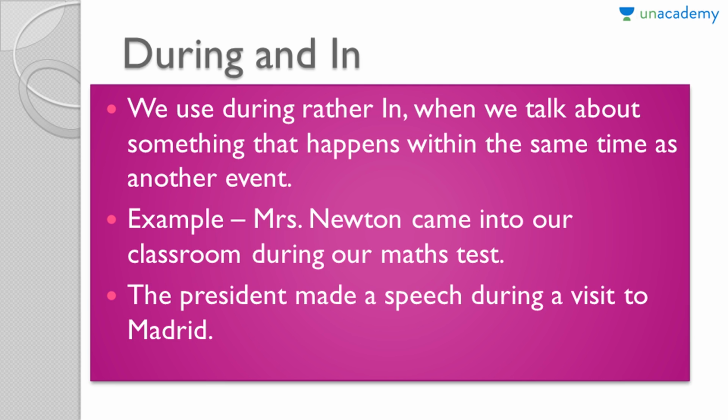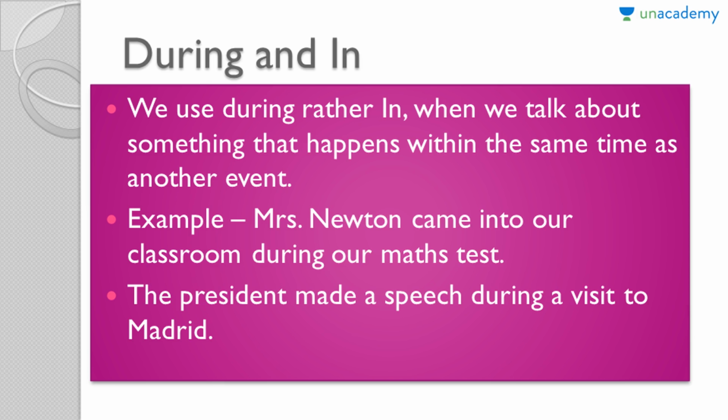So for example, if there is an annual function going on in your college, and the college which is adjacent to your college is also having an annual function, and your friend is in that other college. So if he calls you for his annual function, you will say, sorry, I cannot attend your annual function because during that time there was an annual function going on in my college also.